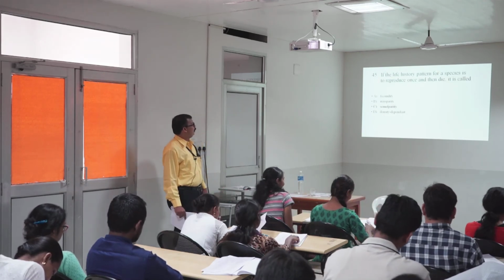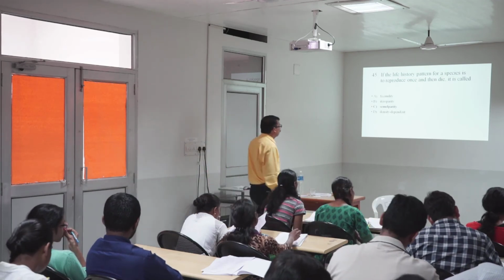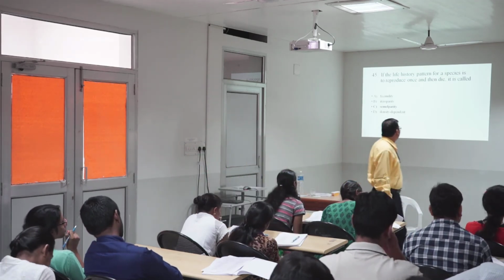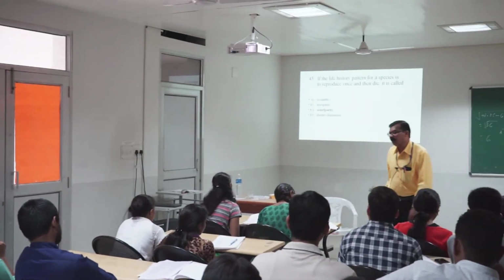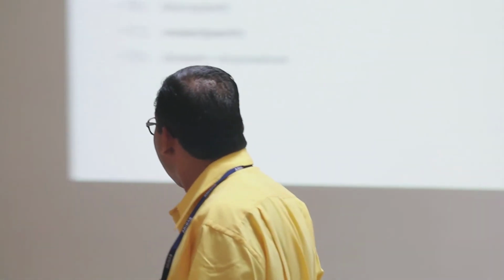If the life history pattern for a species is to reproduce once and then die, it is called semelparity. Semelparity, where only once in the lifetime the organism reproduces. That's it, and it gets killed. Death is the next phase. Does anyone know an example?